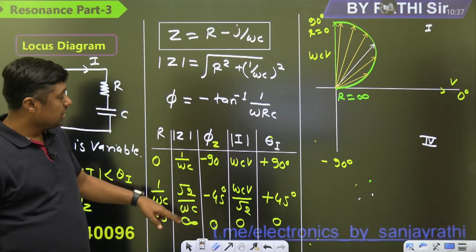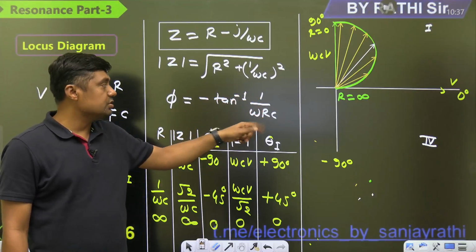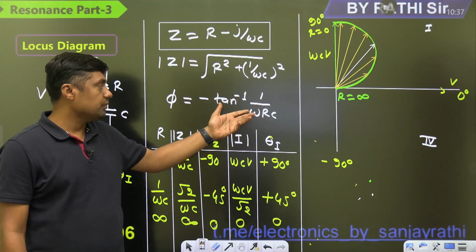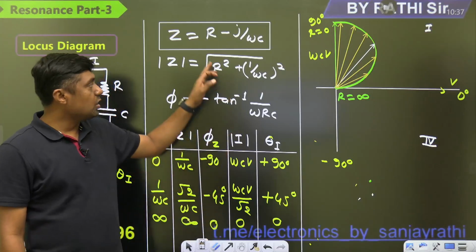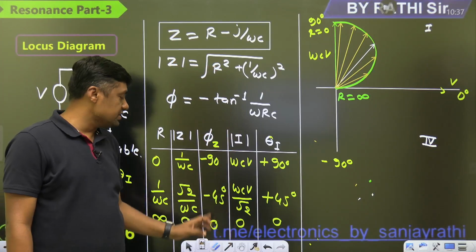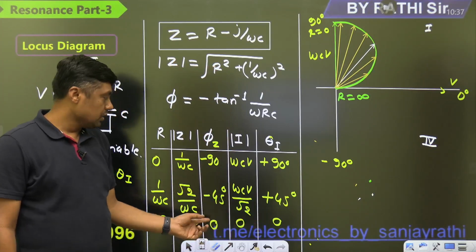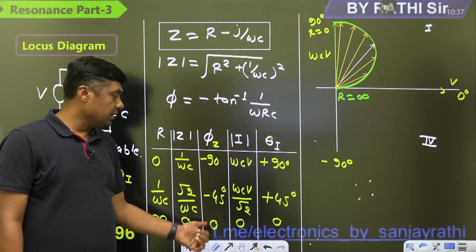Infinite. And what is the phi Z? Tan inverse of 1 by infinity. 1 by infinity means what? 0. So what is the tan inverse of 0? 0. Right. So what is the current? Because the R is infinity, Z is infinity, the magnitude of current will become 0. Because it is a minus of phi Z, phi I will also become 0.